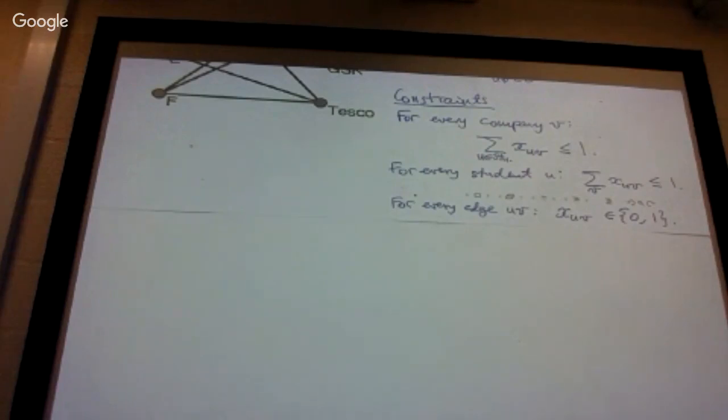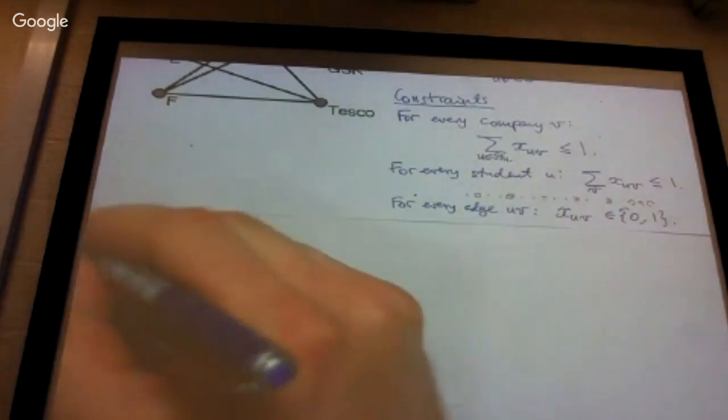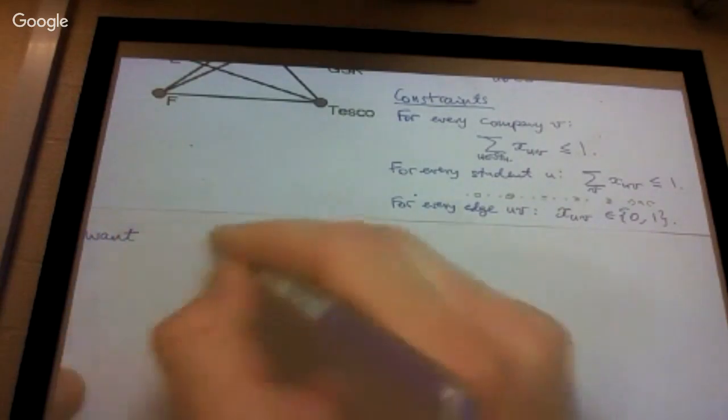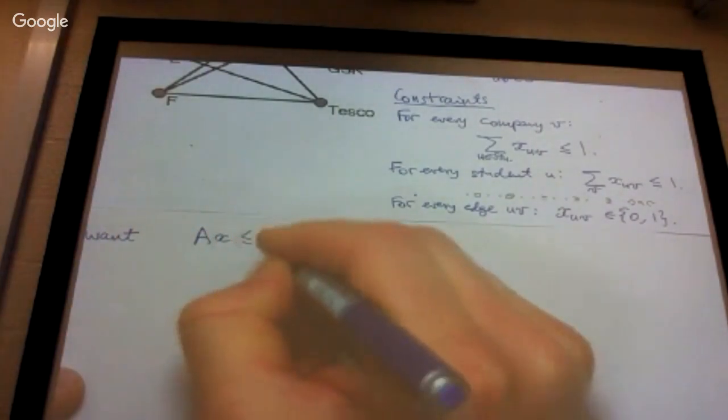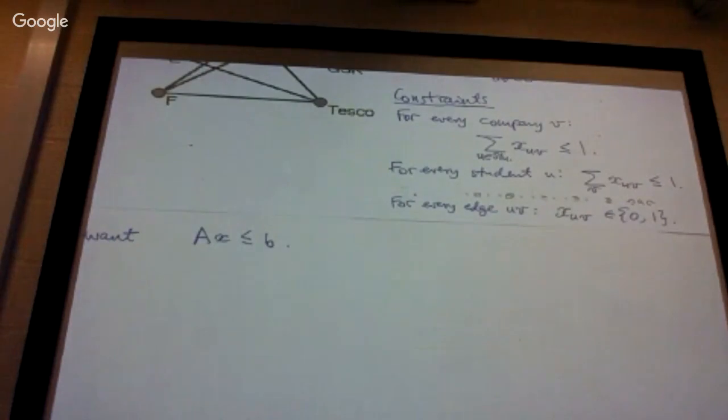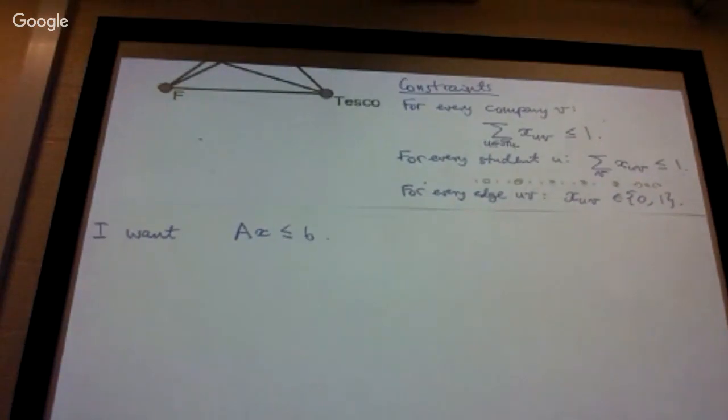Now, because I want to be annoying, I want to write these constraints as a matrix times a vector, just like we did in linear programming when we were doing the theory of the simplex method and all that.